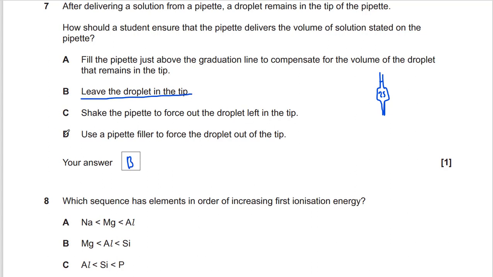You don't shake it out, you don't use a propeller to force it out, and you don't fill it up higher to compensate for it. A, C, and D are effectively all trying to either get the droplet out or adding more solution.